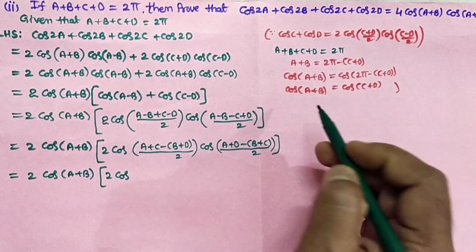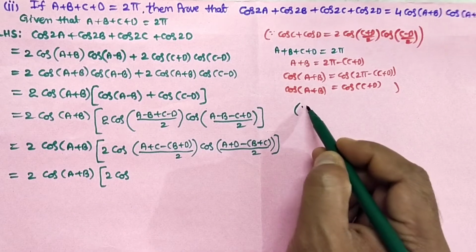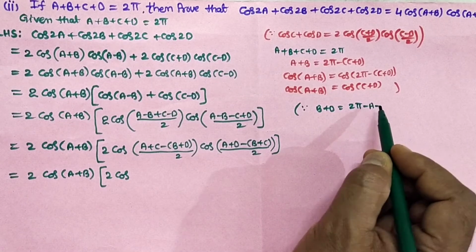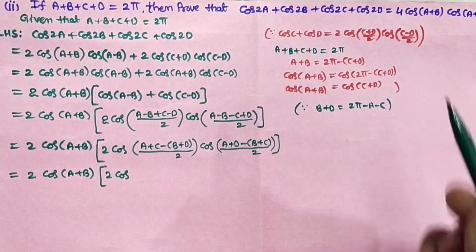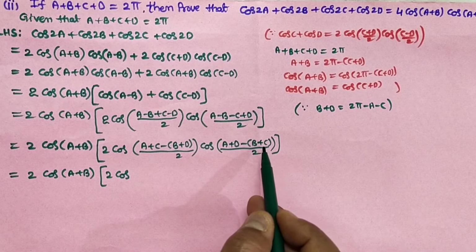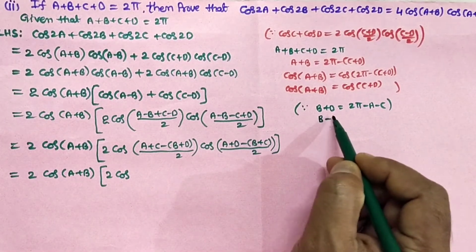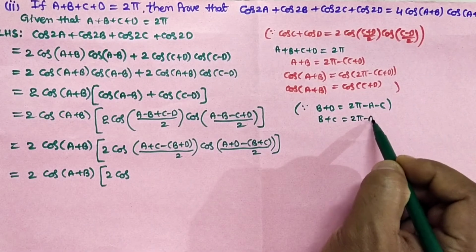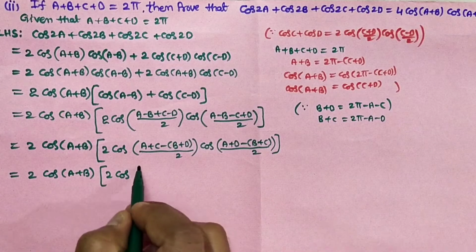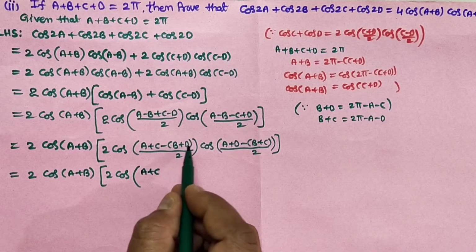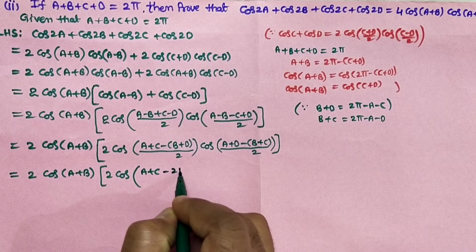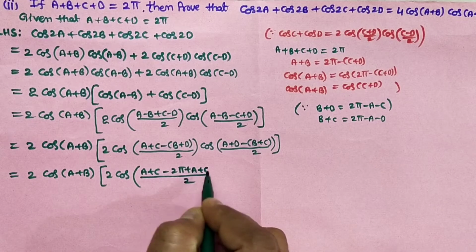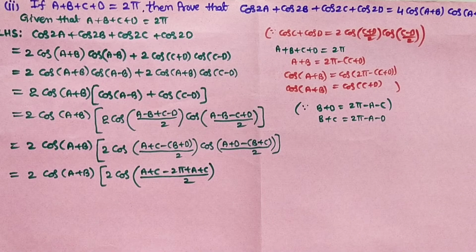So from here, B plus D is equal to 2 pi minus A minus C. Similarly, B plus C also you can write in terms of A and D. B plus C is equal to 2 pi minus A minus D. So cos of (A plus C minus (B plus D)) means (minus 2 pi plus A plus C) divided by 2. I think everyone understands this one.